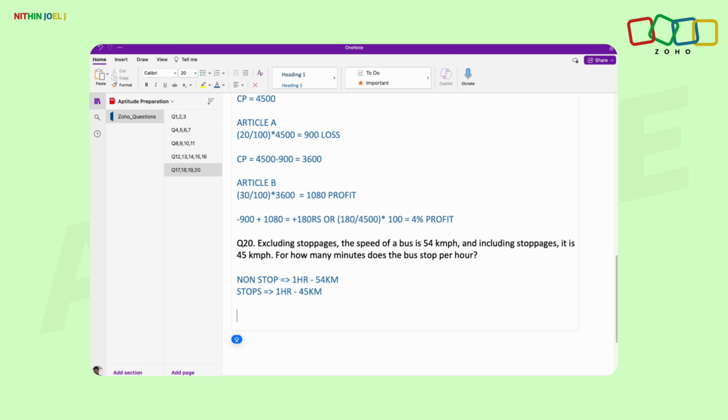So in the question they have asked how many minutes the bus stops per hour. We have to find the difference in distance over here, which is 54 km minus 45 km, equal to 9 km. Let's see an example, like you and me are driving a bike.